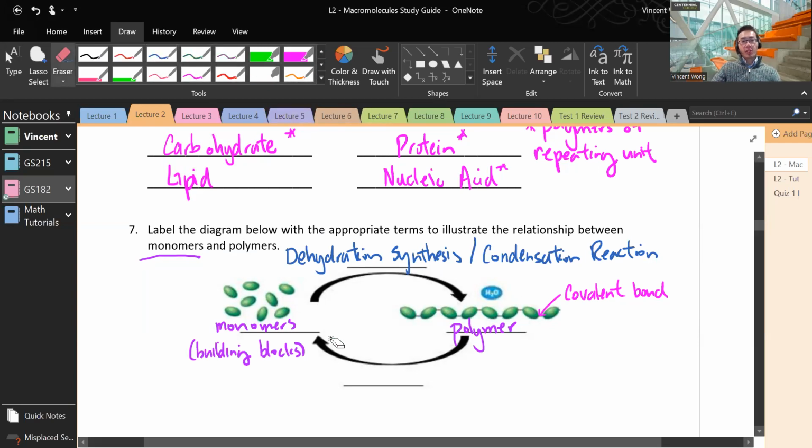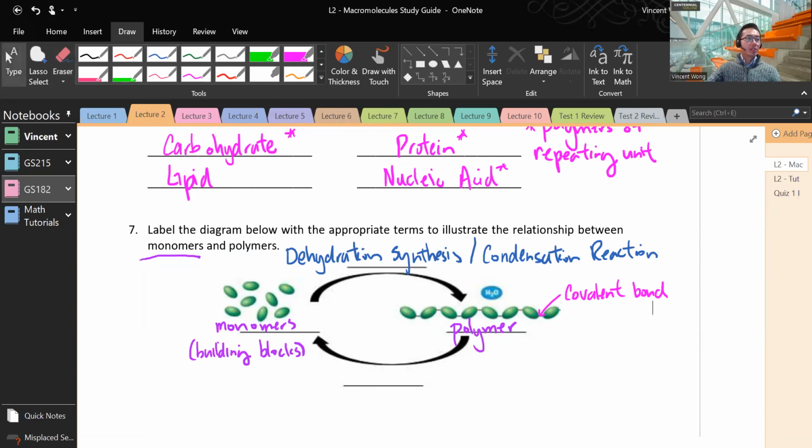We can reverse the process. We can take a polymer. So like you eat some pasta or rice, then you have carbohydrates in your system and you want to break it down to digest them back into monomers. And what is the name of that reaction? What's the opposite of dehydration synthesis? Anybody?